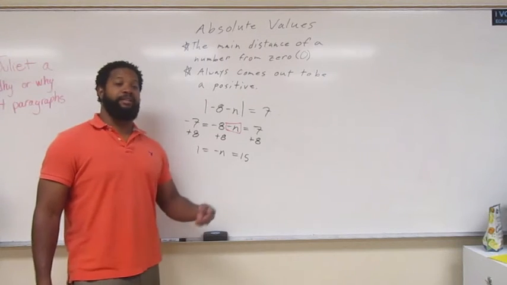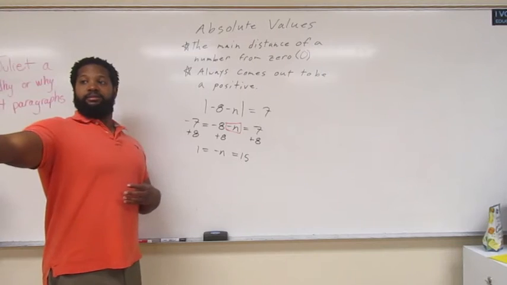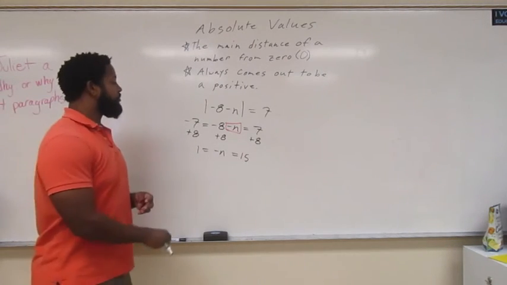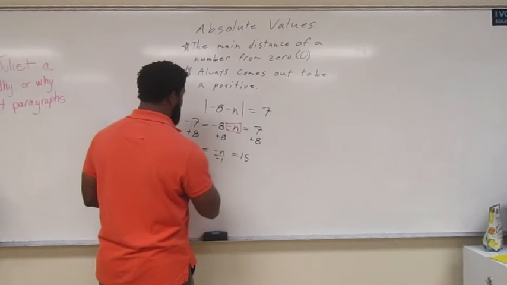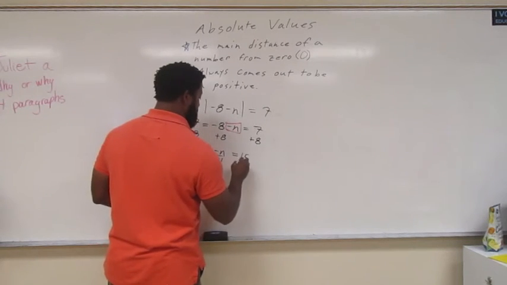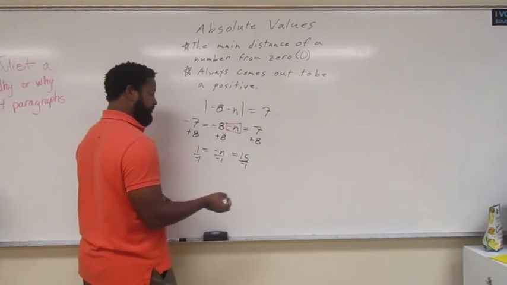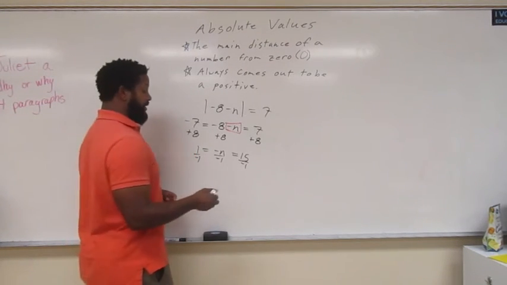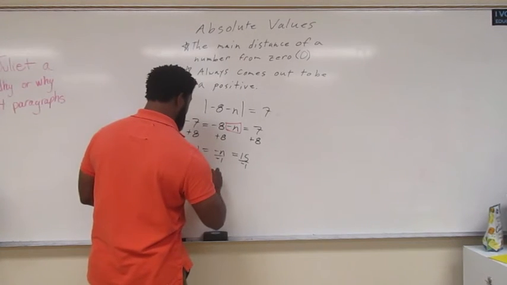You can either multiply or divide the negative 1 on both sides. It turns them both negative. Good job. So I got a negative 1 equals n equals negative 15.